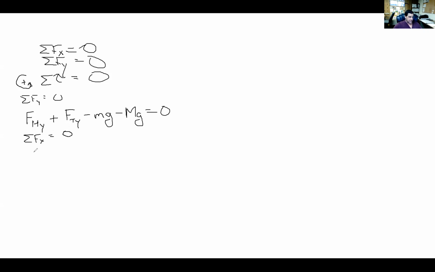So in the x, we have the positive FHX, and we have the negative tension in the cable, and that's going to be equal to 0. Well, that makes sense, equal and opposite, right? Okay, but it still doesn't help us because we don't know either of those.